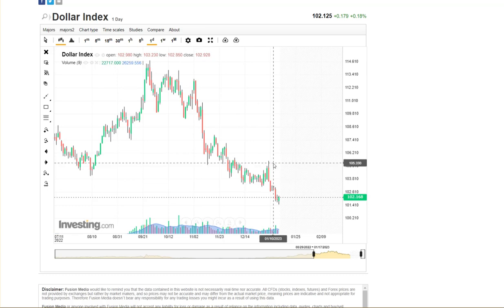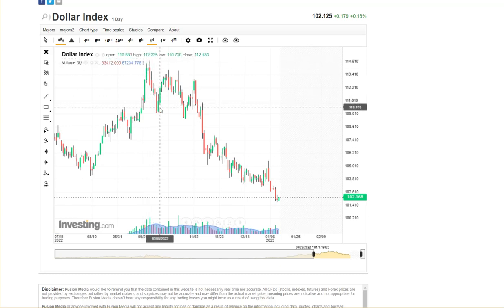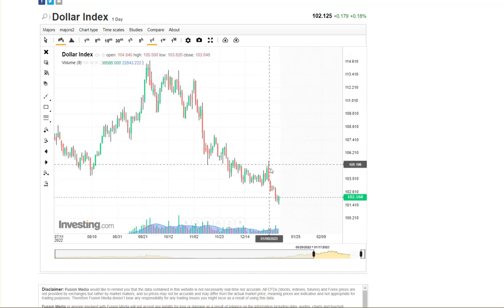ABC flat, 4, 1, 2, 3, 4, and then probably a possible fifth. Sometimes it doesn't happen in real world markets. You often don't get the fifth wave, but possible fifth down into this 99 to 101 area, which would match the height of wave 1. If you measure the height of that, and 5 should be the same, that will give you a target of that zone.